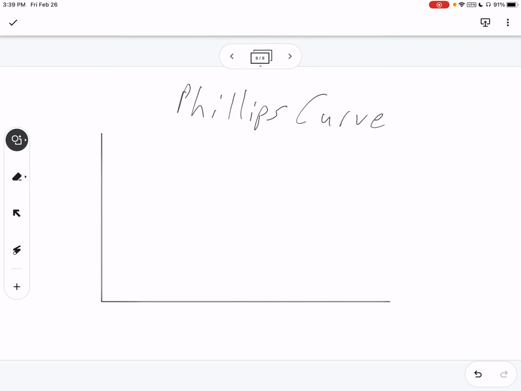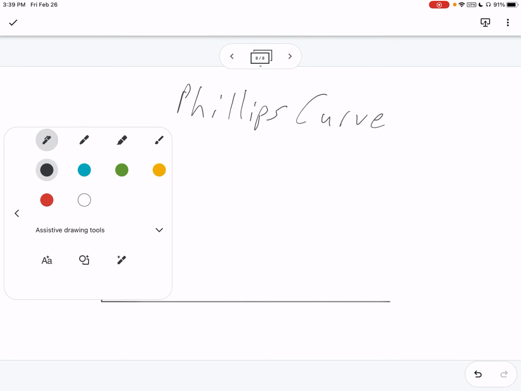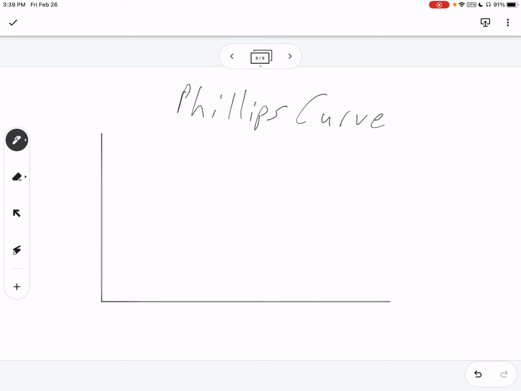So standard graph again. This one's a little bit of a different animal. This is showing the relationship between the unemployment rate and the inflation rate. Right, that pi there, it's not straight down pi, but that pi percent is the inflation rate. Okay, and then down here on the x-axis, you have the unemployment rate.